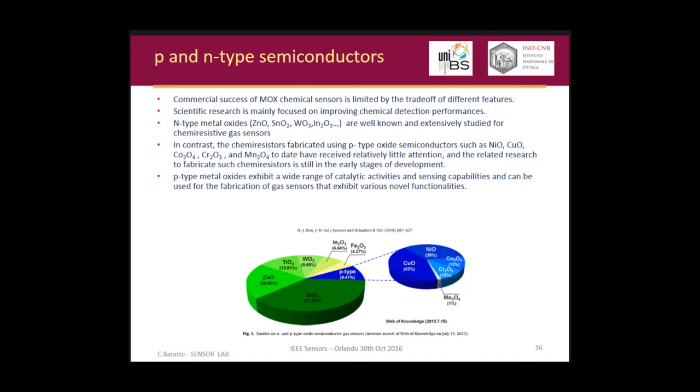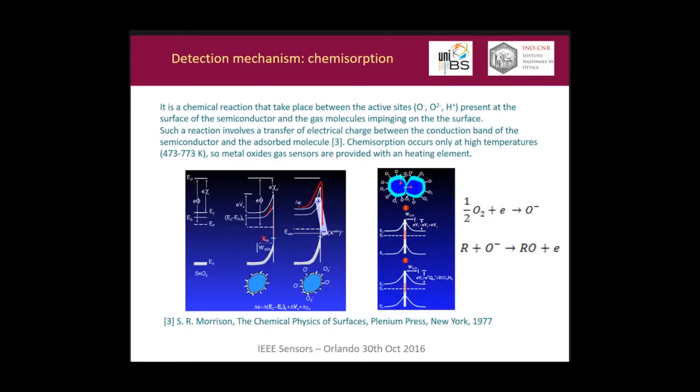Even so, these materials are very interesting since, for example, nickel oxide or chromium oxide and so on have a very good catalytic activity, which is one thing that we are trying to exploit.